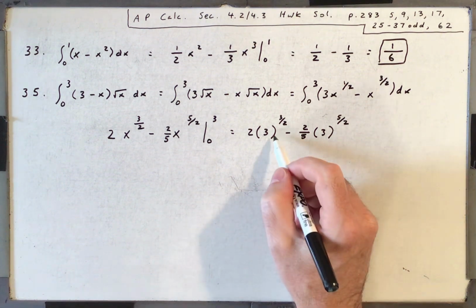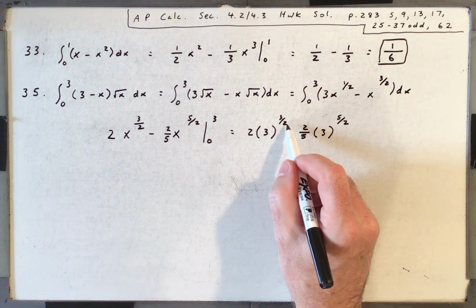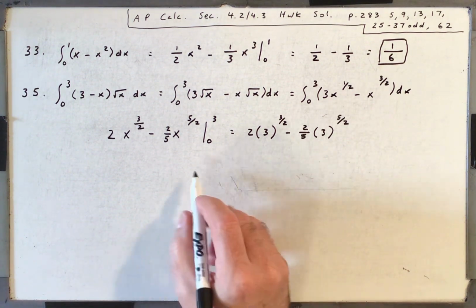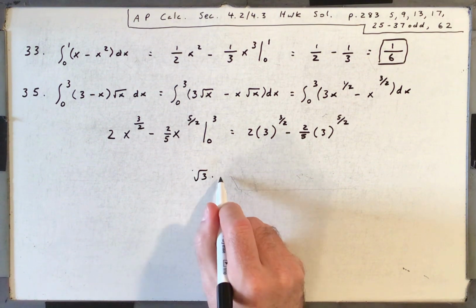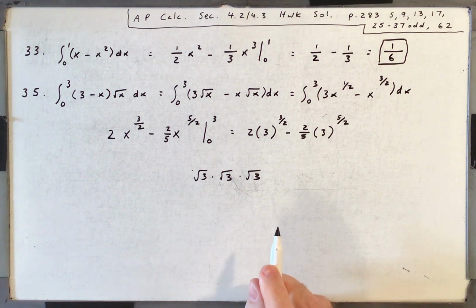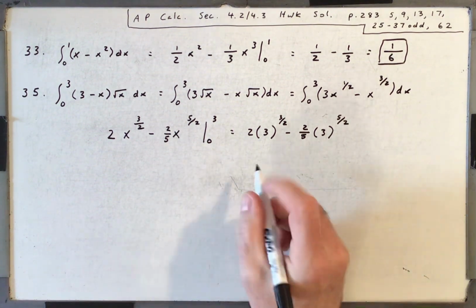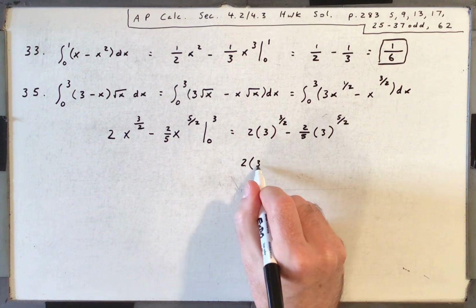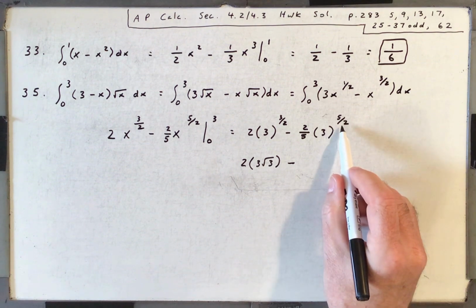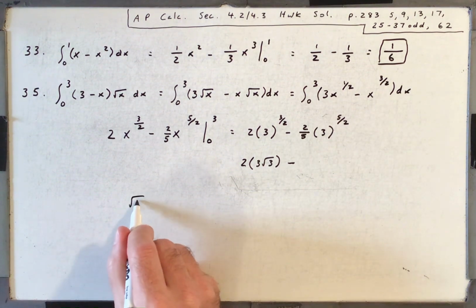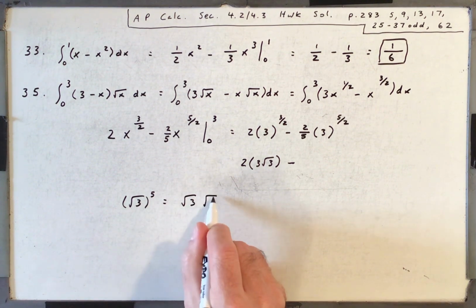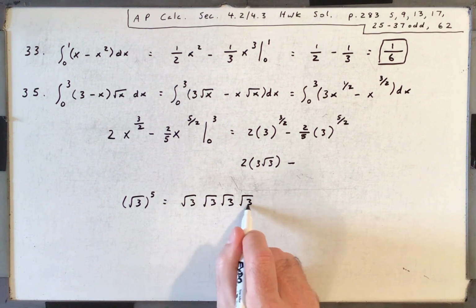All right, so 3/2, that's going to be the square root of 3 cubed. Okay, so the square root of 3 times the square root of 3 times the square root of 3. So that's going to be 3 root 3. So 2 times 3 root 3 minus, and then the square root of 3 to the 5th power, root 3 times root 3 times root 3 times root 3 times root 3.